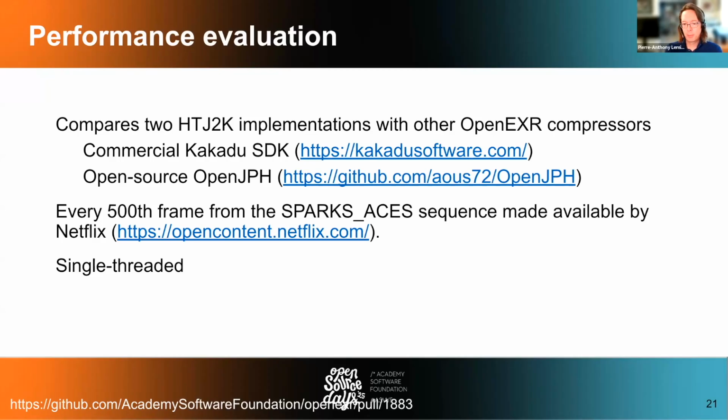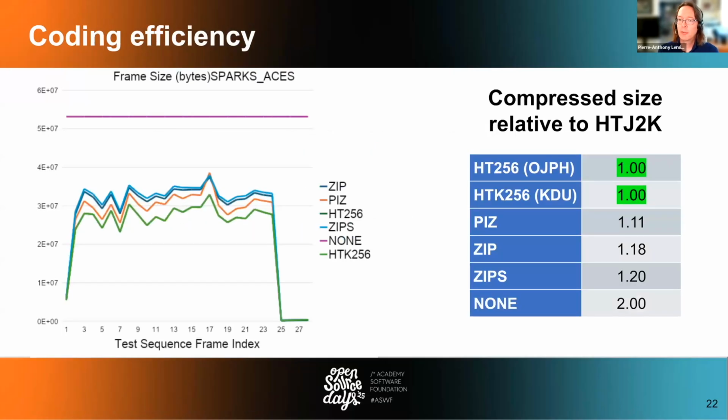This is all available on the original pull request. So for those who really want to go into the details of the numbers, I encourage you to read the white paper. I'm just going to summarize them. Next slide, Carrie. All right, so this shows compressed size relative to HTJ2K. It compares the average size of the files, because the test sequence had about 30 files.